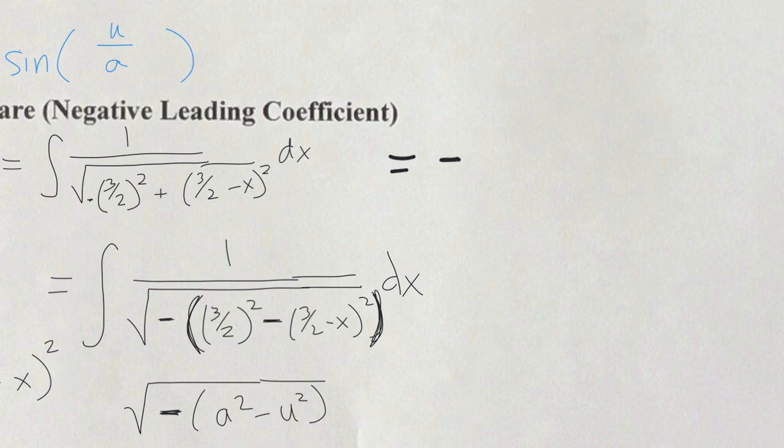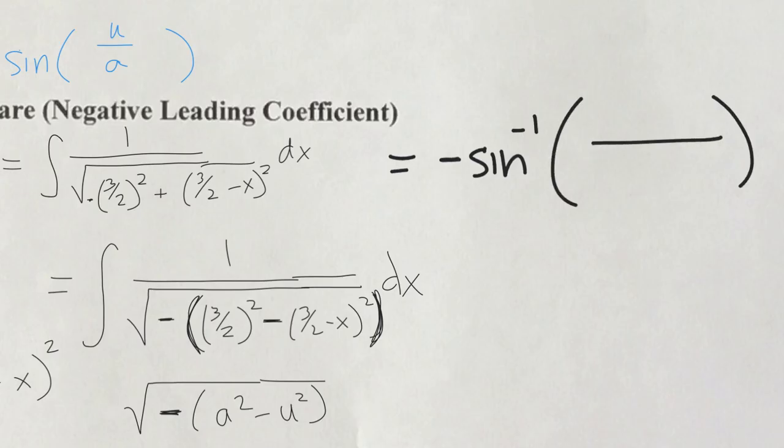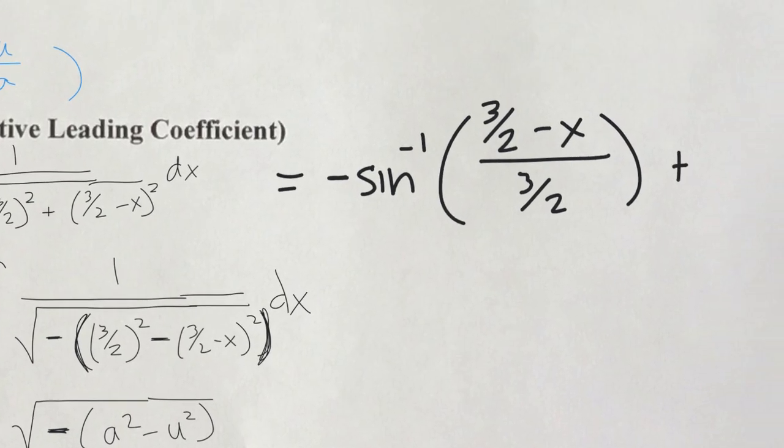That's an ugly looking S. Okay, arcsine or sine inverse of your u term, which is 3/2 minus x, over your a term, which was 3/2, and plus c.